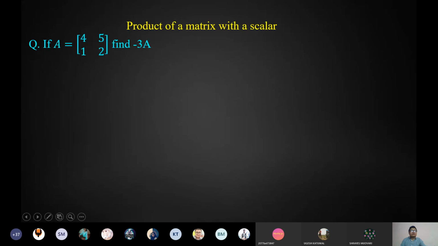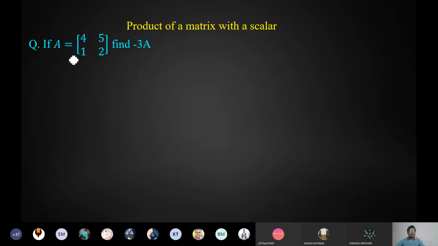A is equal to 4 5 1 2. Find minus 3A. This is the multiplication of a matrix by a negative number. Please write this question fast.